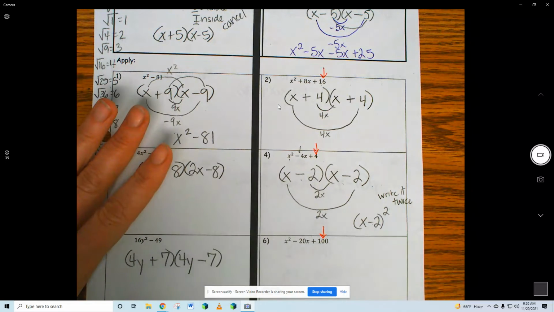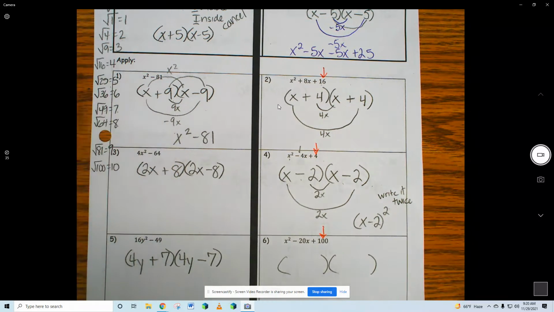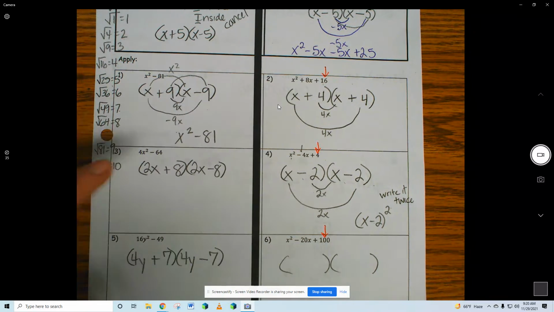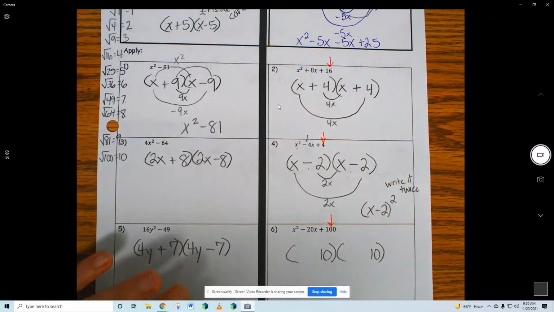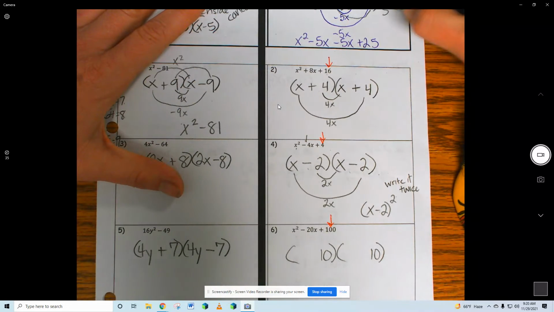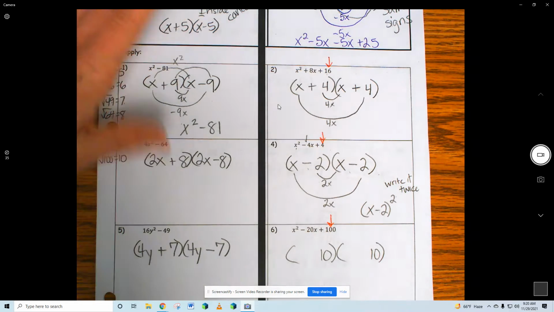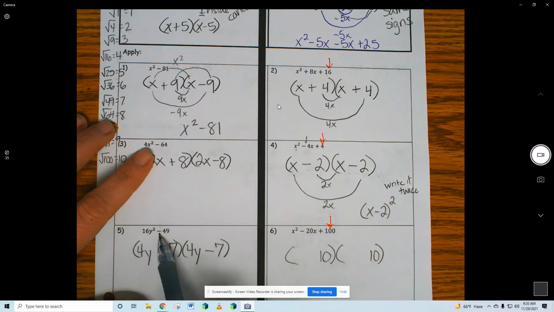Okay, 100. What number is the square root of 100? And so put your 10, 10. The signs are going to be the same. Same signs. I'll put that up top. Same sign, because if they were the opposite sign, I would have no middle term like I did over here.